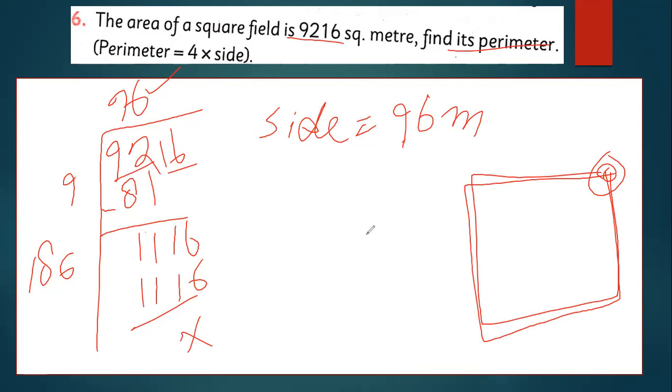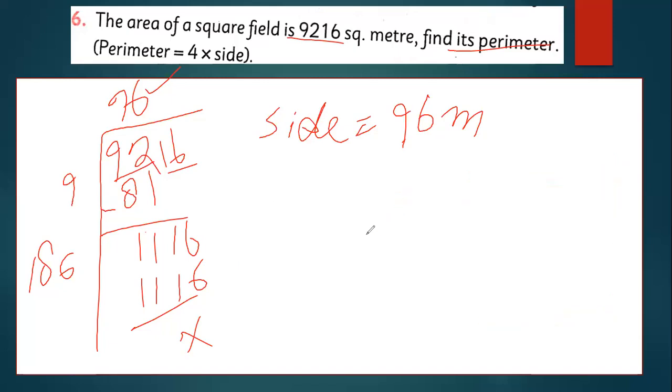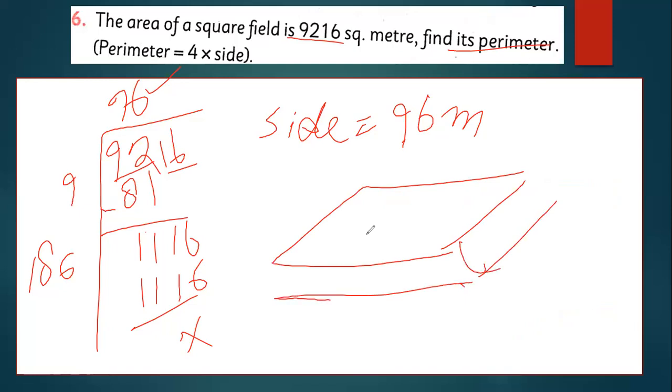If you have a book, for example, and you are finding its perimeter, you just take a thread from here to here, then here, then here, and see the total length. This is known as perimeter.